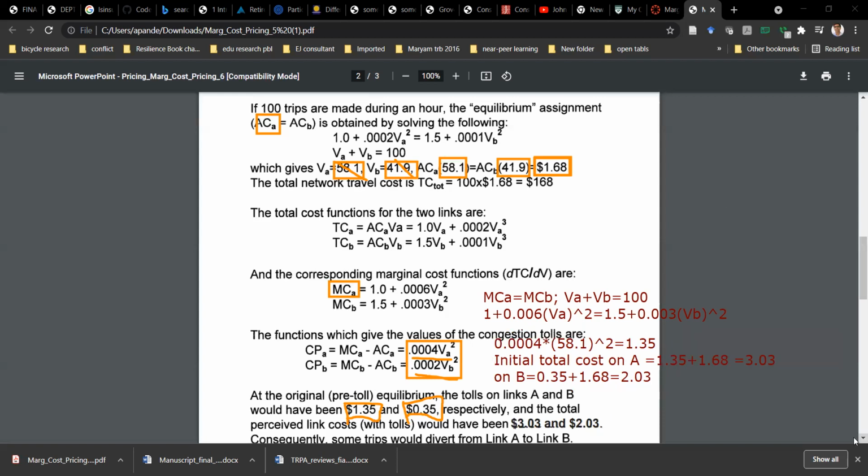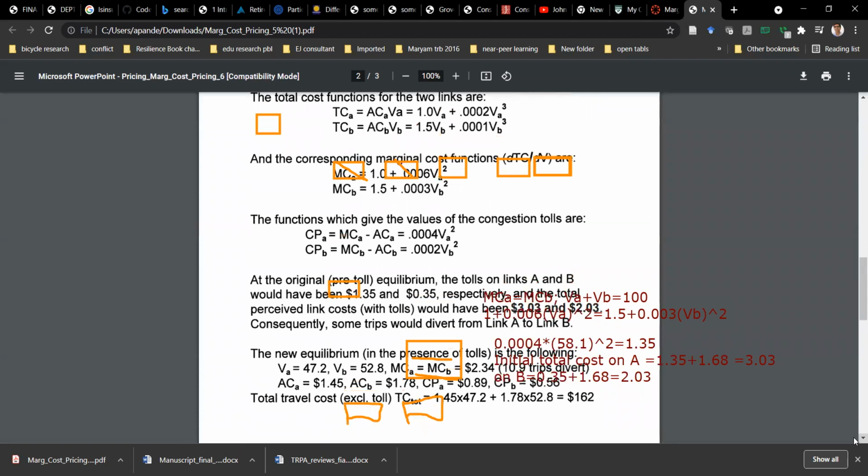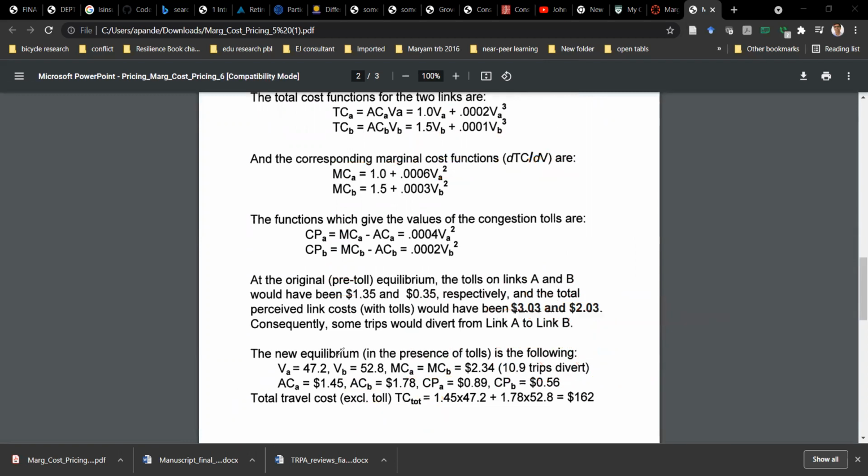So then the new equilibrium will come when marginal cost is equal on both routes, because that's how we have designed our toll. So the equation that will form then is MCA becomes equal to MCB.